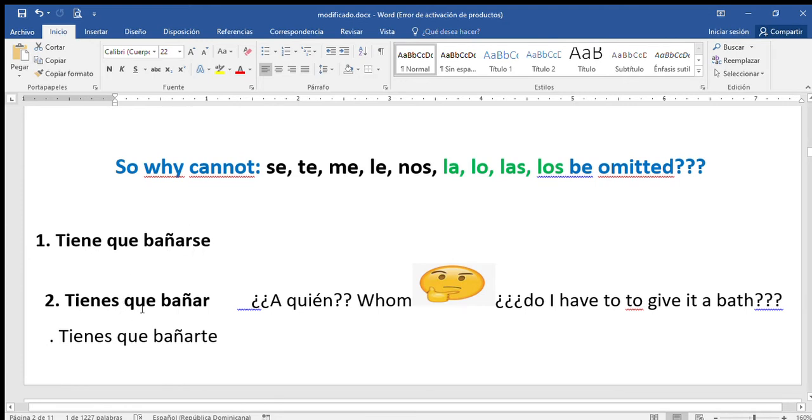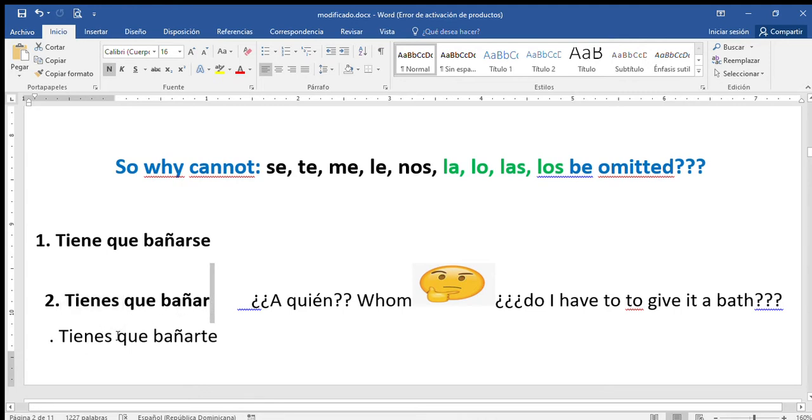Now when you say "tienes que bañar," people won't understand, because it would be like, again, whom do I have to give a bath to? You're just saying "tienes," so you have to give a bath to whom, because it's not saying anything right here.